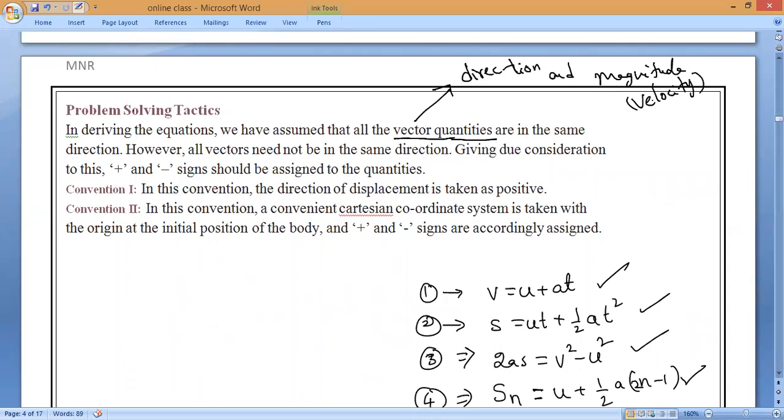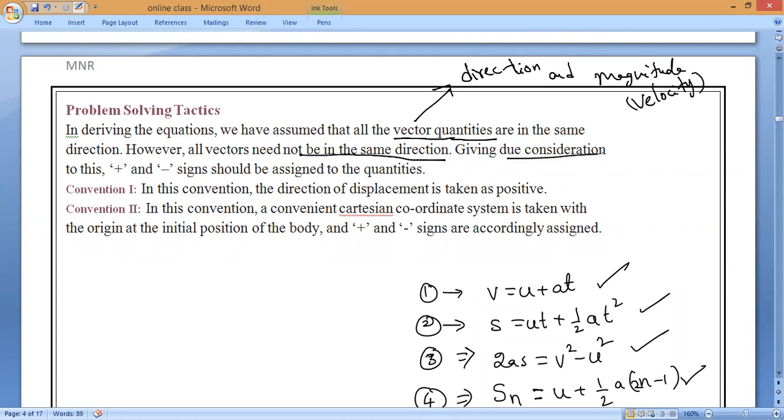Vector quantity. So, in deriving the equations, we have assumed that all vector quantities are in the same direction. But you have to remember that all vector quantities need not be in the same direction.